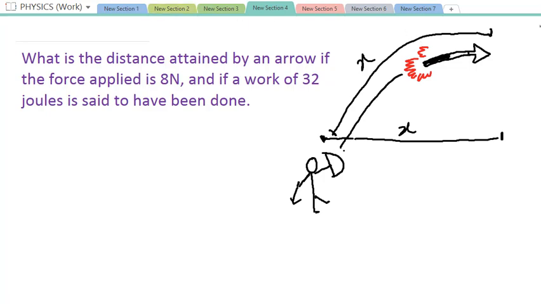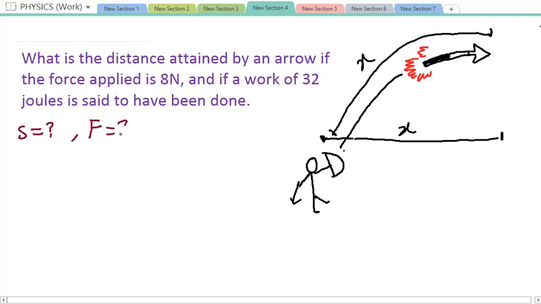Okay, so let's analyze our question and go ahead and solve it. We said, what is the distance? It means that s is not known. We want the distance s attained by an arrow if the force applied, force F, is 8 newton, and the work is 32 joules. So we already have work done. The work done, I use WK for work done, is 32 joules.